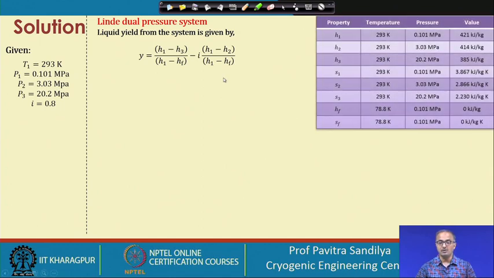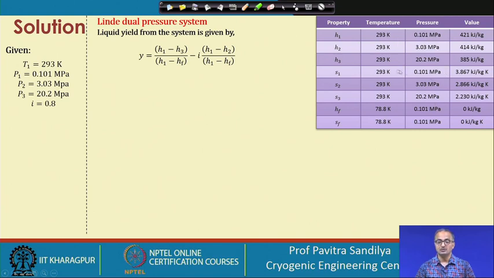And what we have to do? We have to refer to the thermodynamic chart or thermodynamic table. So, we have seen those TS diagrams are given. You refer to the TS diagram and read out the values of the enthalpies from that TS diagram, and here are the values given for the various temperatures and various pressures.